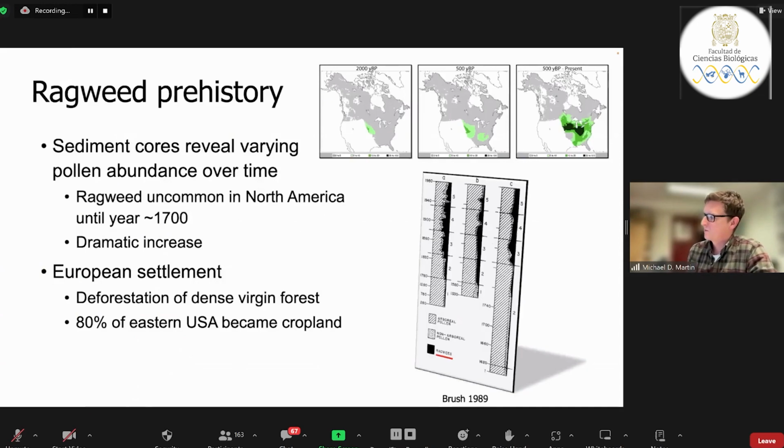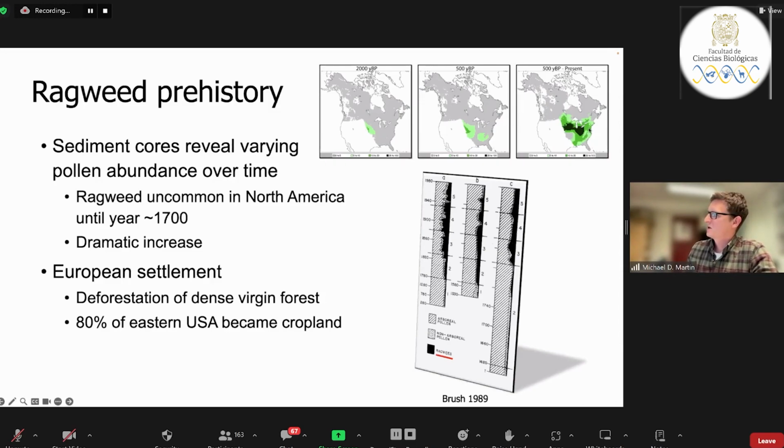And we know from pollen analysis of lake sediments in North America that ragweed has had a long history of being associated with the local climate. We know that over the past 20,000 years, the distribution of ragweed, as told by its pollen in the lake sediments, has been changing in response to the glacial retreat in North America.